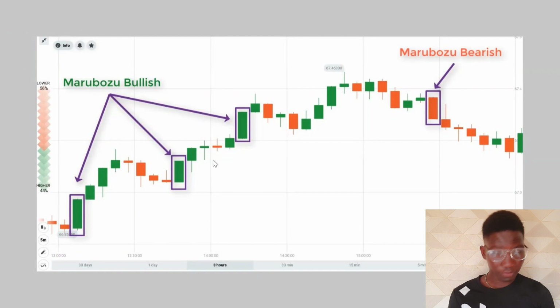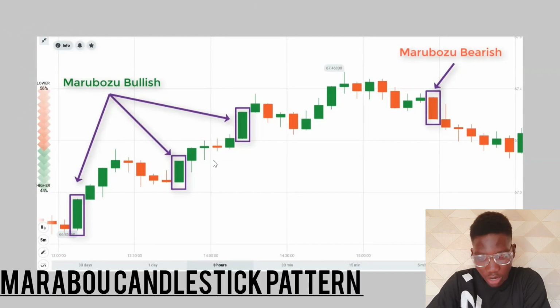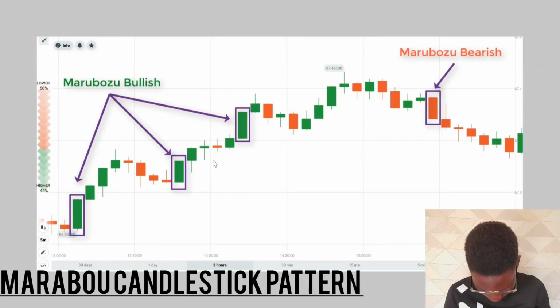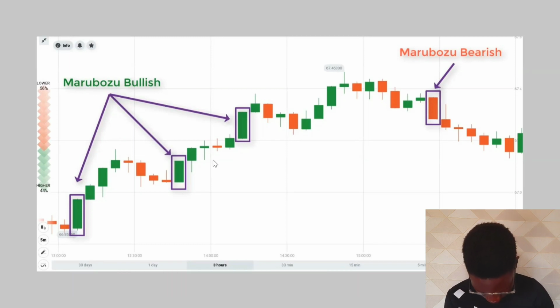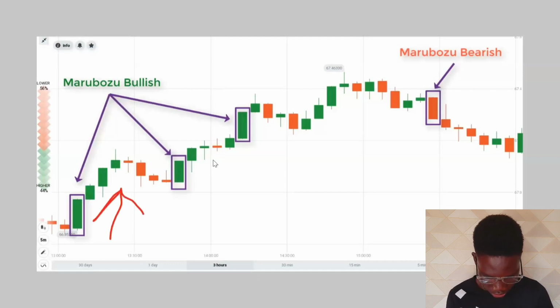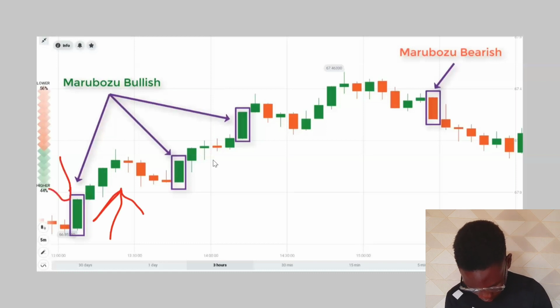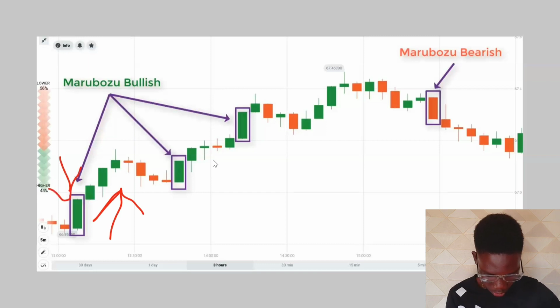So the fifth and final one is the Marubozu candlestick pattern, which is this right here. A Marubozu candlestick pattern is common after a big push in the opposite direction of a candlestick pattern, just like this one here. So a Marubozu is a big pull either to the up or downside.